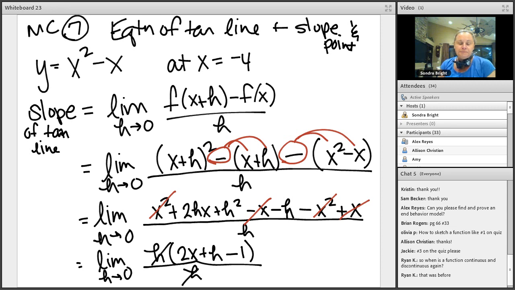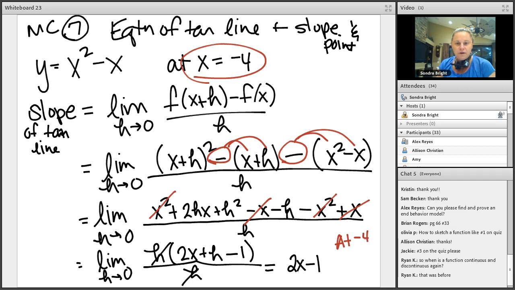Now you can plug in the 0 for h, and so you've got 2x minus 1, and when you evaluate that at x equals negative 4, you would have 2 times negative 4 minus 1, which is negative 9. So that's your slope of the tangent line.